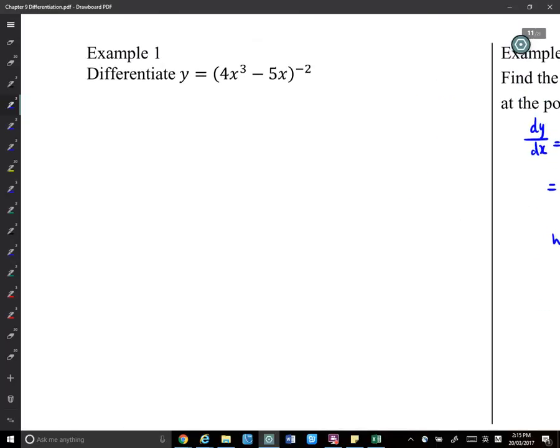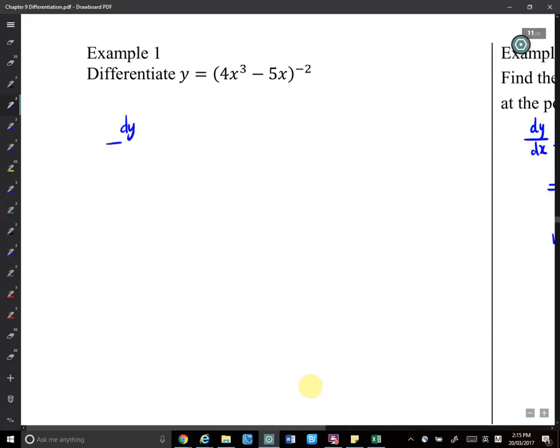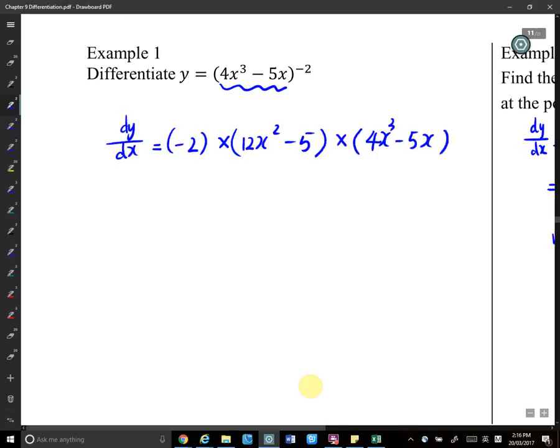Okay, example 1 is differentiate y equals (4x cubed minus 5x) to the power of negative 2. Again, this is g(x) to the power of negative 2. The first thing, I will times the negative 2 in front. Then I will derive the thing in the bracket, which is 12x squared minus 5. The last thing, I will reduce the power by 1, so negative 2 reduced by 1 is negative 3.